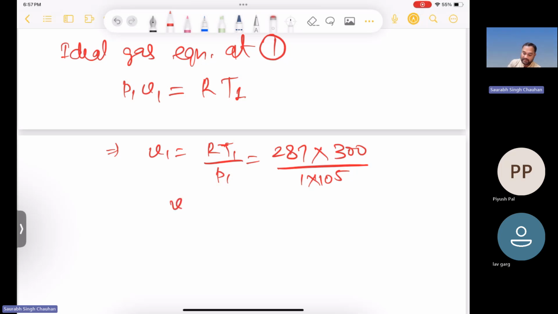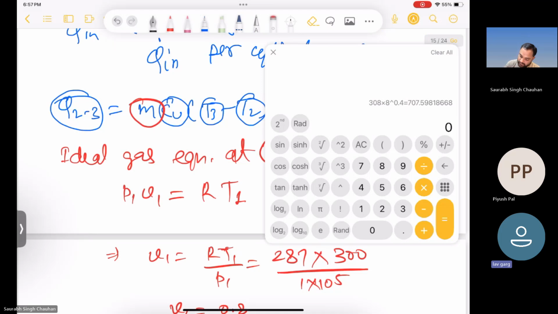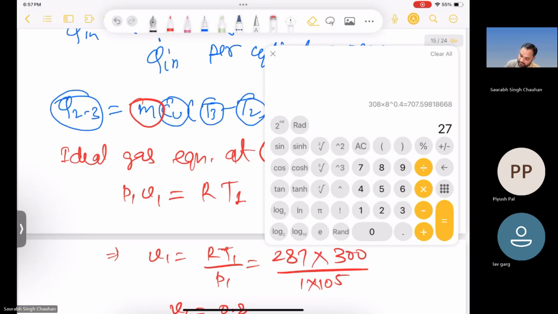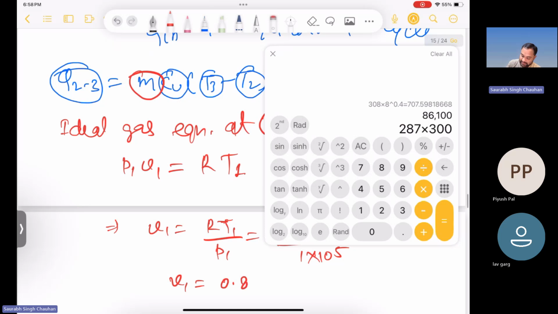So V1, this is a specific volume, is 287 multiplied by 300, which comes to 0.861 meter cube per kg.